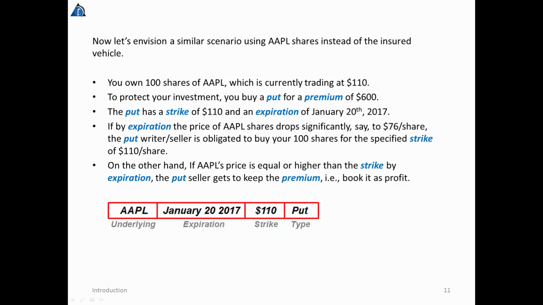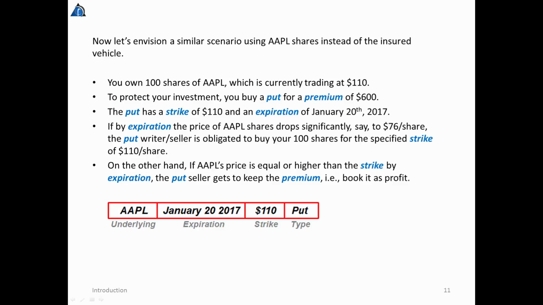Now, how did buying the put protect you exactly? Well, the stock dropped from $110 a share down to $76 a share. That's a 34-point drop. You own 100 shares. You would have incurred a $3,400 loss had you not been able to invoke your right to sell your shares for $110.